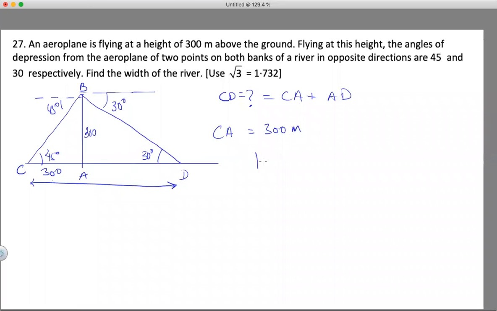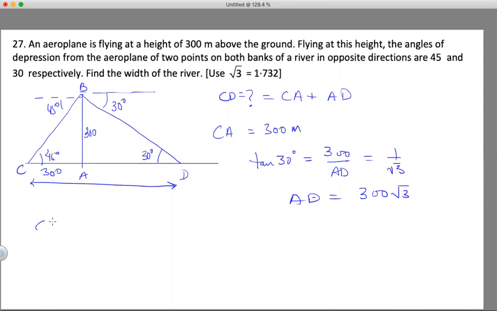And for 30 degrees, we write tan 30 degrees is equal to 300 by AD, which is 1 by root 3. So AD is equal to 300 root 3.